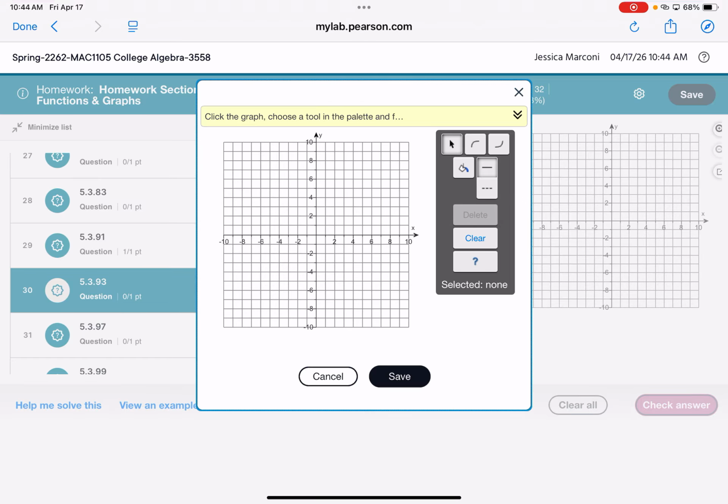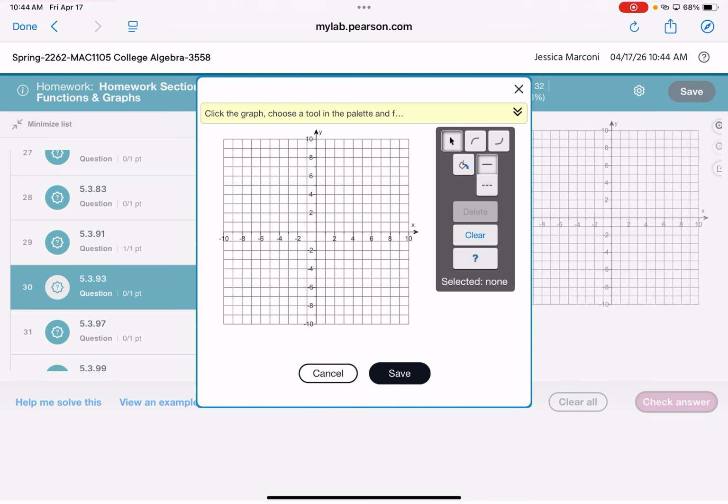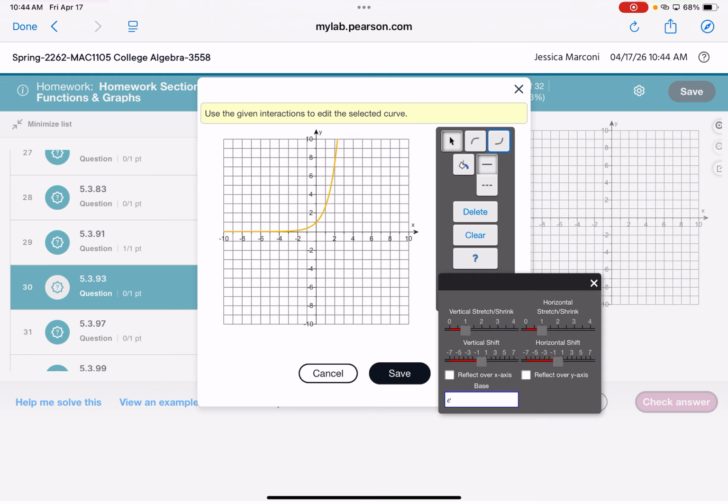All right. So for this one, we're going to choose the base graph, which would be the one that's increasing from left to right since the base was 10. So that would be that one there. And then I'm going to plot the point 1, 0. That's not right.